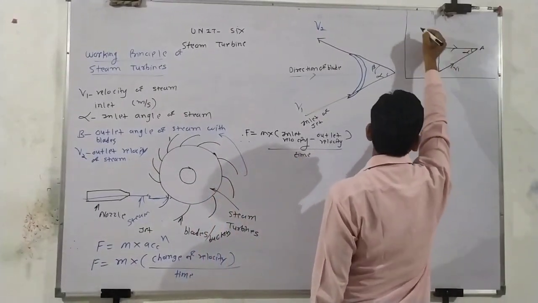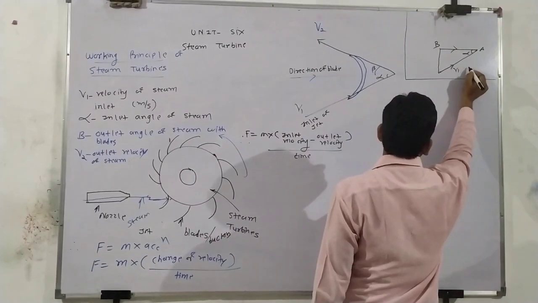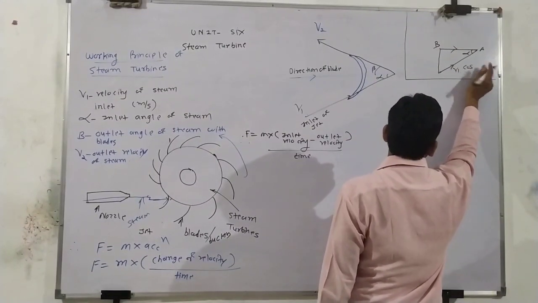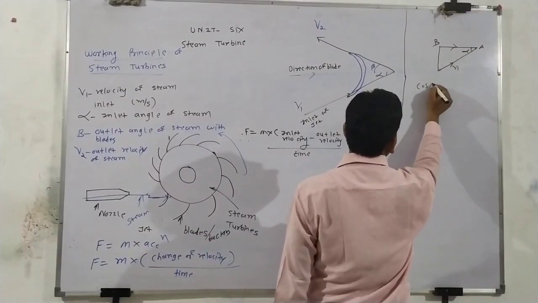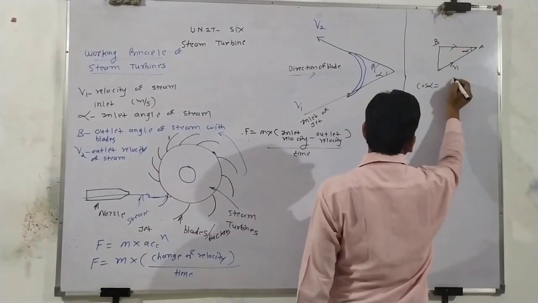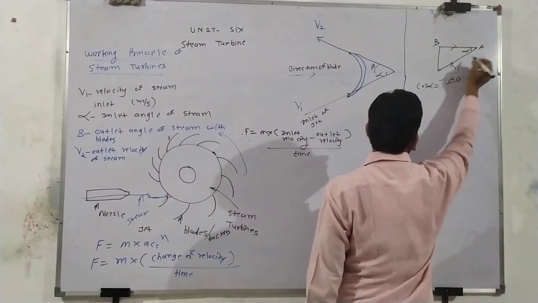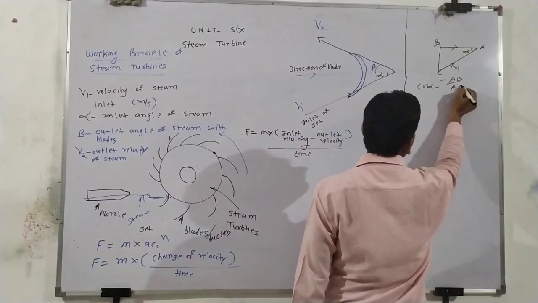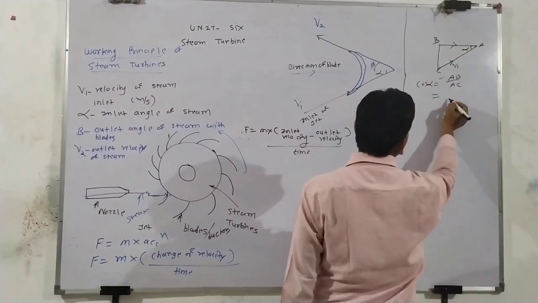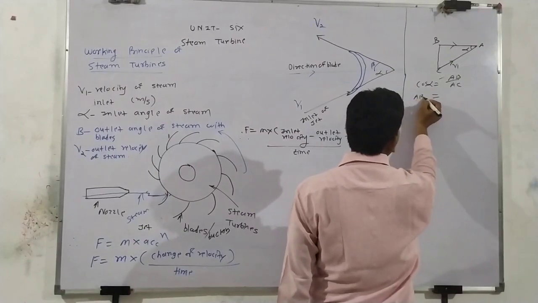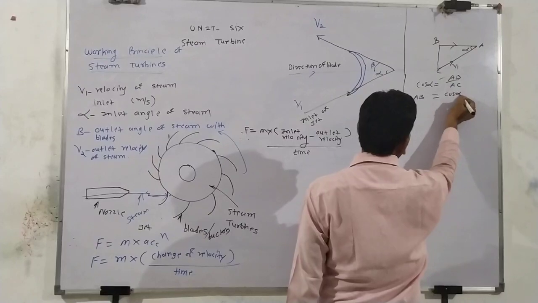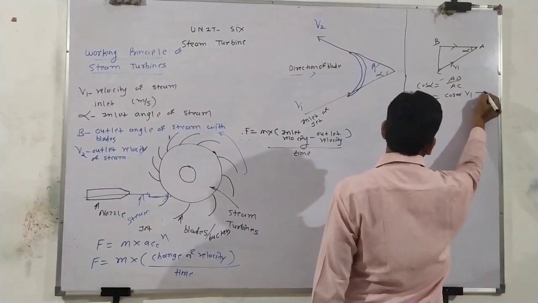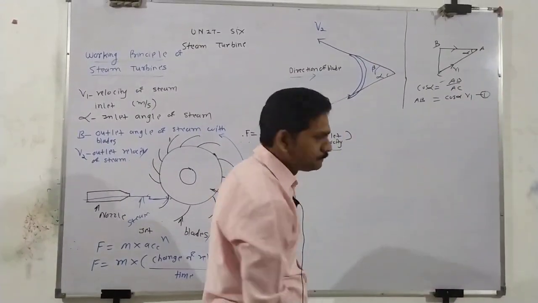What is the formula for cos alpha? Cos alpha means adjacent side upon hypotenuse. What is AC? V1. So AB is equal to cos alpha into AC, which is V1. Suppose this is equation number 1.